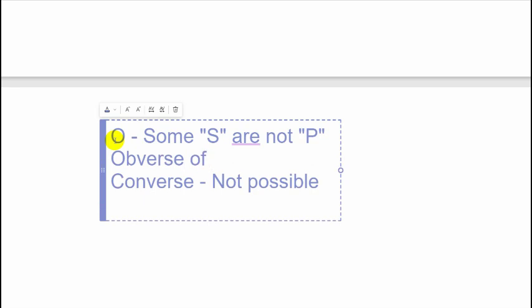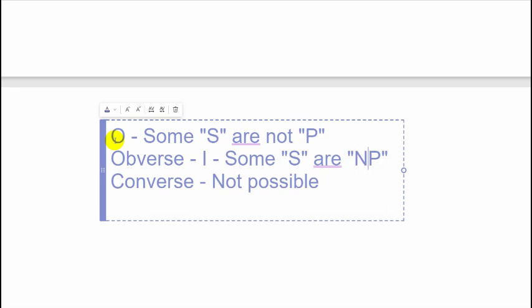Obverse of O is I proposition. And I states what? Some S R P. This is the actual I proposition, some S R P. But if you want to do it obverse, we just add non-P.